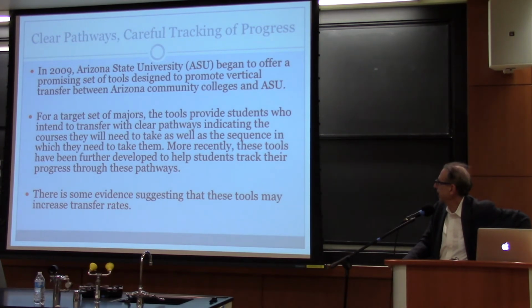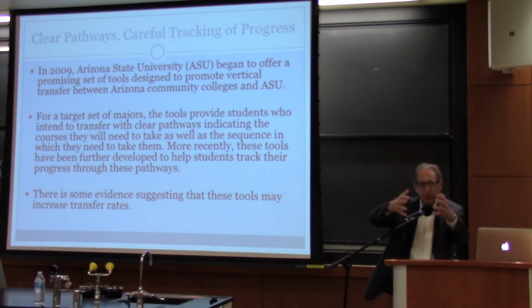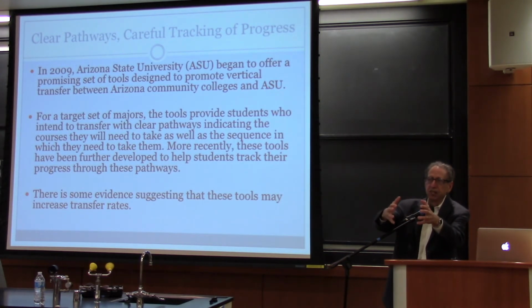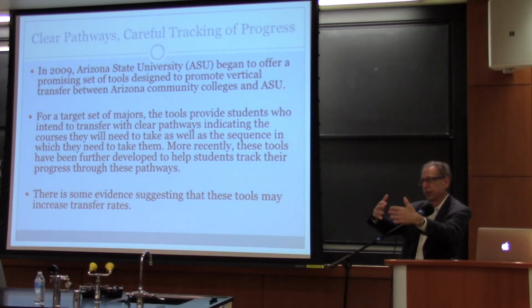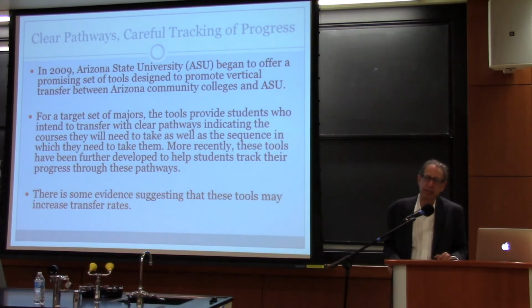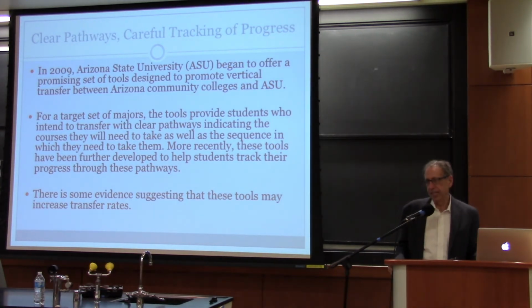Again, it's a way of connecting the community college to the university very closely, because the people at the university are tracking the progress for the students at community college, saying you're on track for getting your 4-year degree once you transfer. So those are linkage issues.